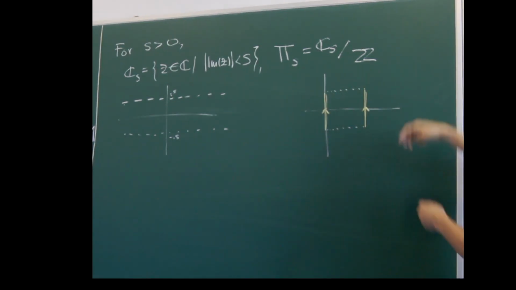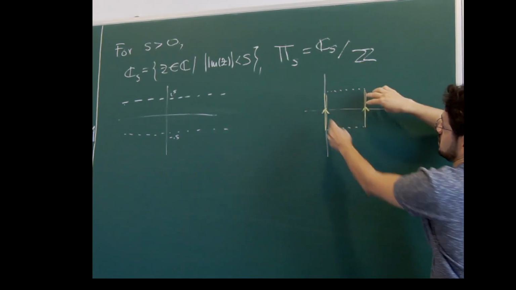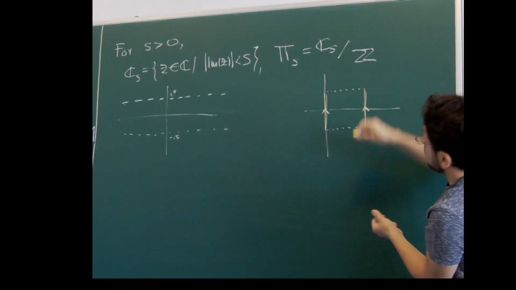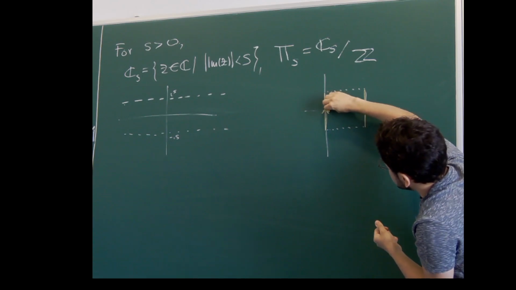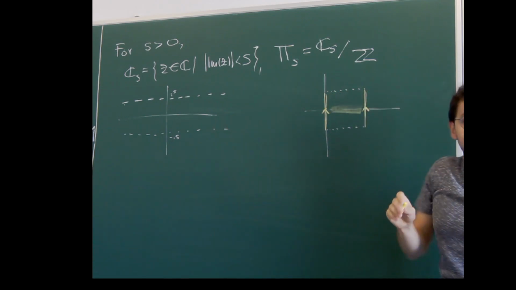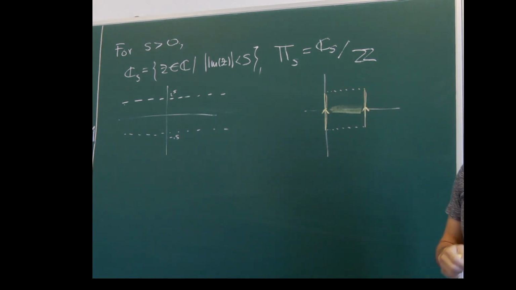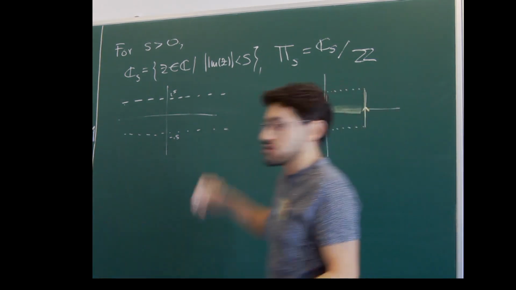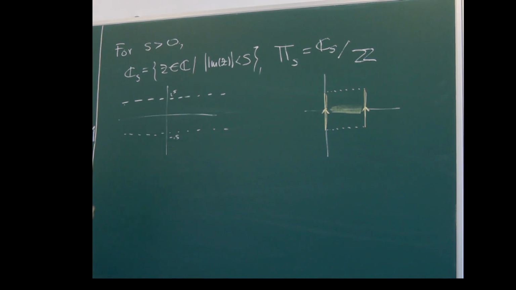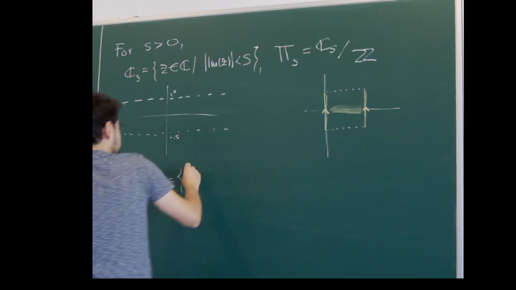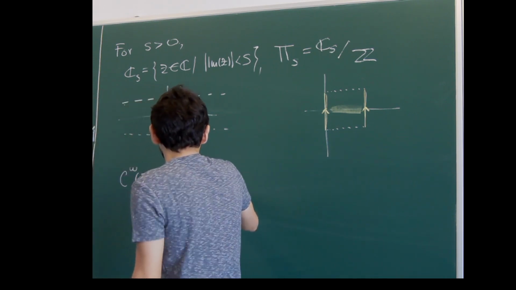Here, this is not a two-dimensional torus. I'm just taking this identification to see a complex neighborhood of the real torus, let's say. So this is just a small strip around it. These are the domains that I consider, and I want to consider analytic functions here. So I will denote by C omega of T_S the set of real analytic functions.